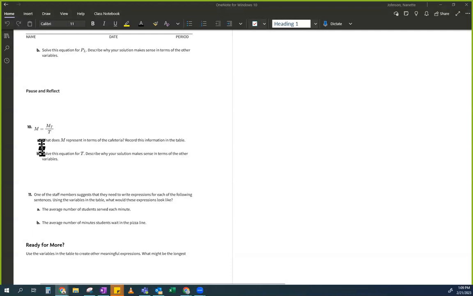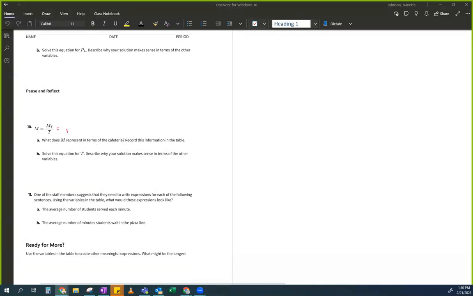Okay. T, what does big T represent? Anybody remember what big T represents? We just said it. Total students. Good, total number of students. So something is being divided by total number of students.